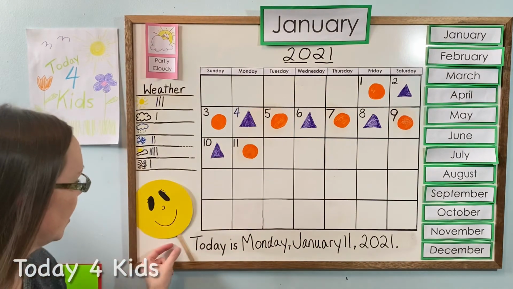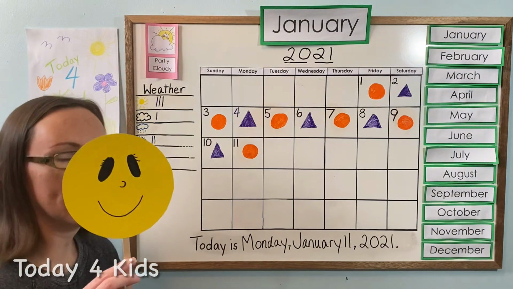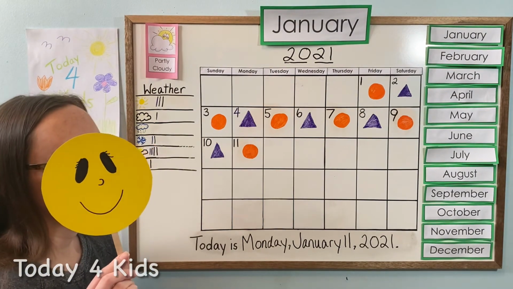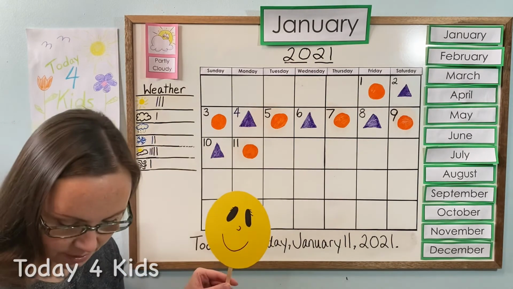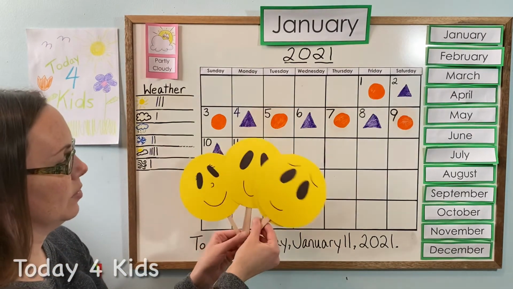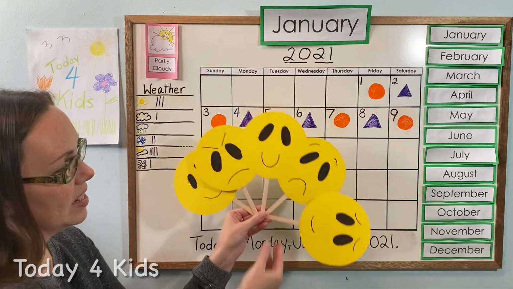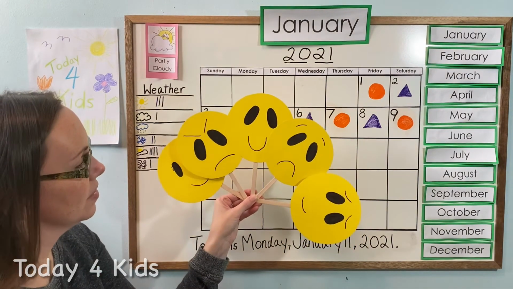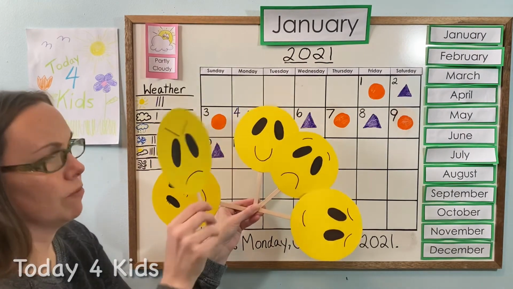So yesterday I was pretty content. I was just okay. I was pleasant and cheery, but not too excited, and just having a great day. What do you think about these faces? How are you feeling today? Do you feel like any of these faces on the board are on the sticks here? So what about this one?